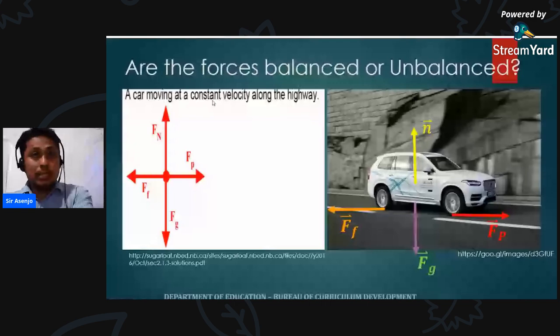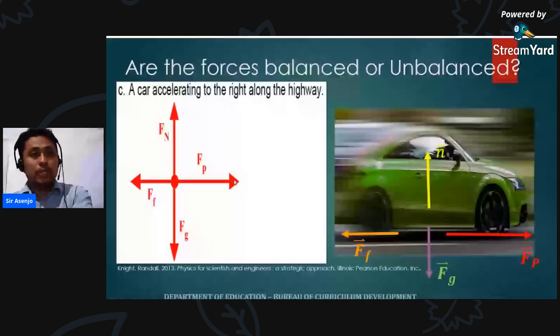As you can see, among the four forces acting, especially the applied force versus the frictional force, the frictional force is shorter compared to the applied force. So you can see by the diagram itself that the force acting is unbalanced because it is accelerating to the right. The velocity is not constant.